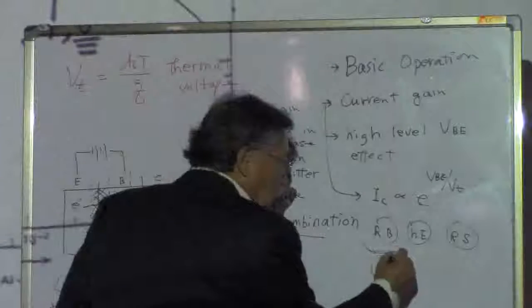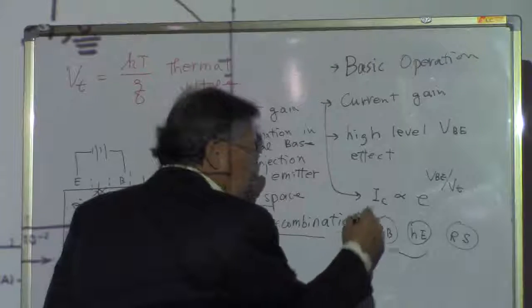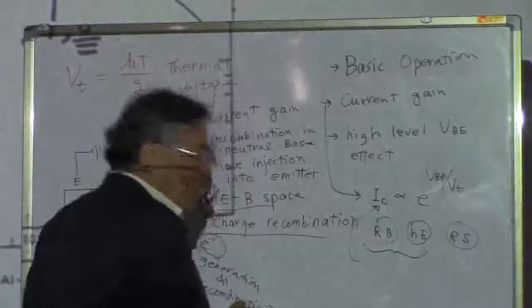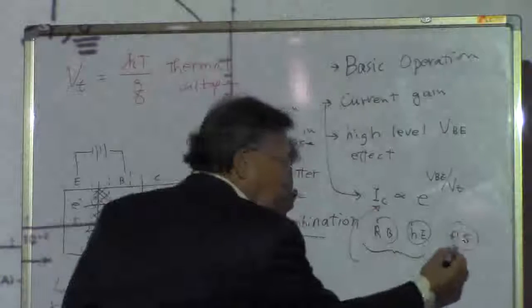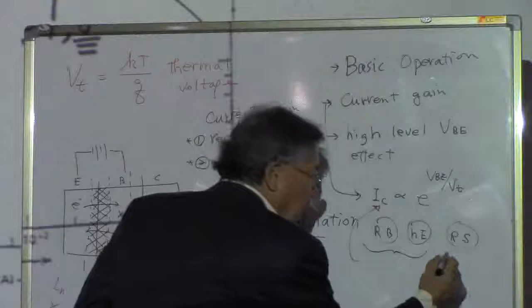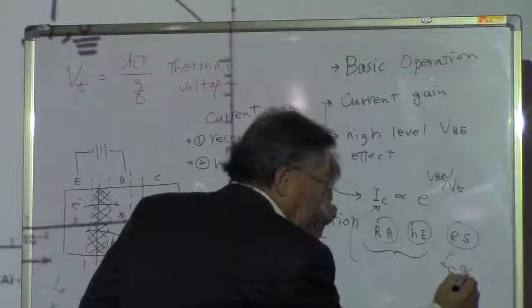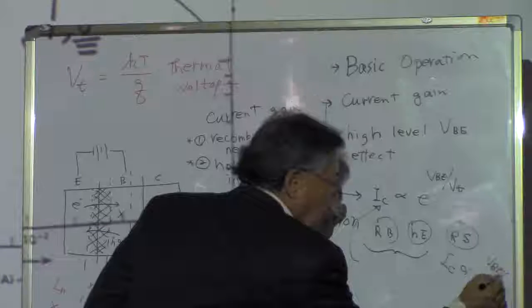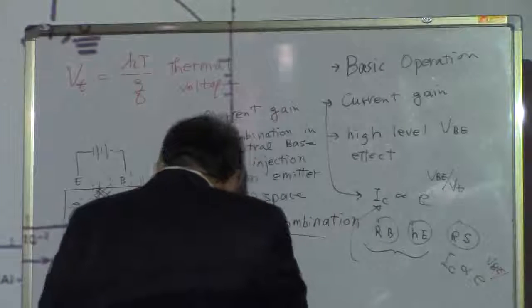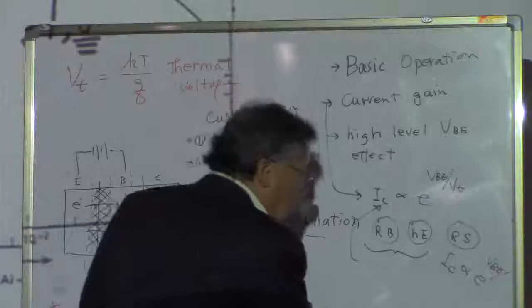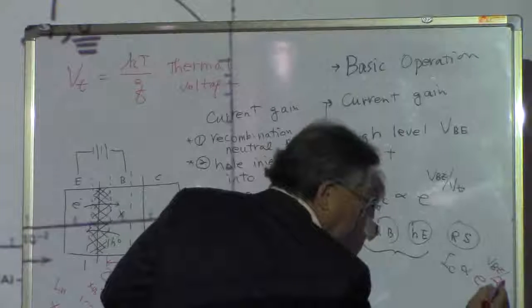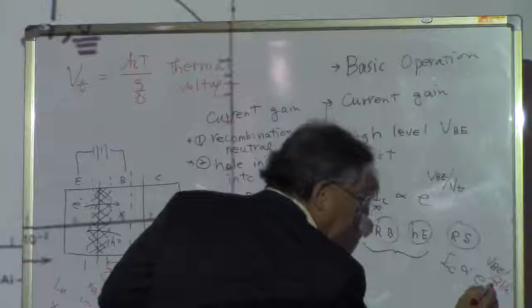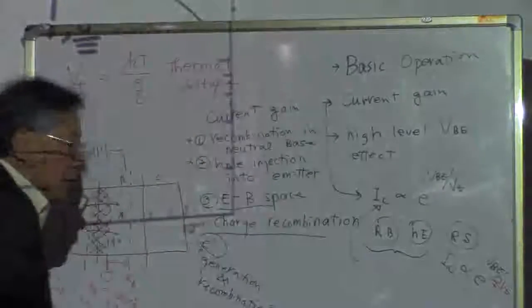These two can be presented as something like this, but the recombination in the space charge region current is going to be proportional to e to the VBE over 2 VT this time. All right?